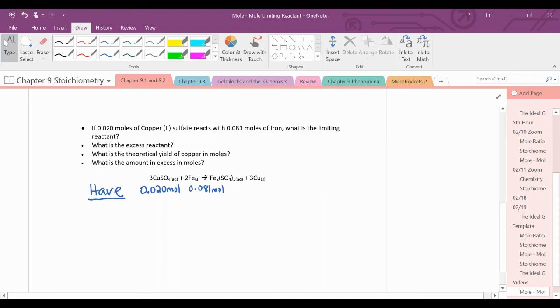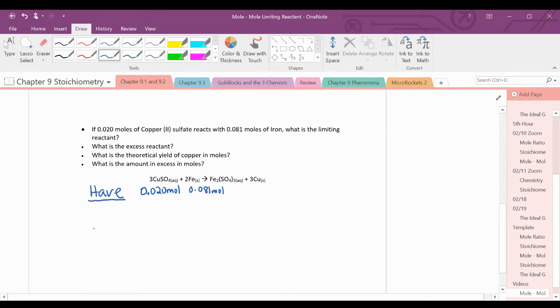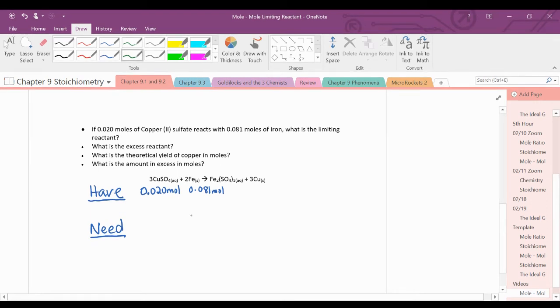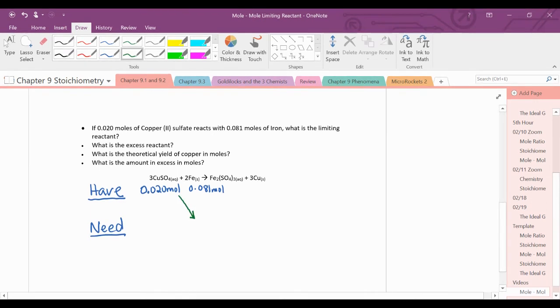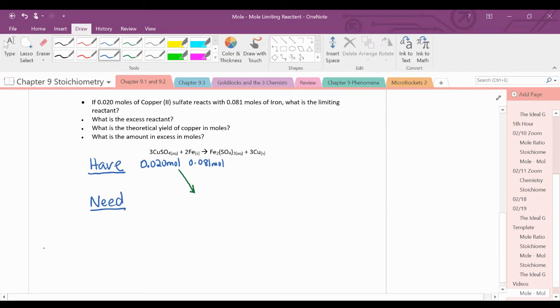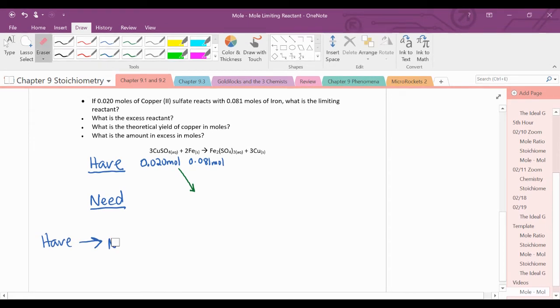We have to have these amounts in moles when we're talking about what we have. Then I can think about, well, what do I need? So if I have this much copper(II) sulfate, how much iron do I need? So we're going to do a have to need calculation.